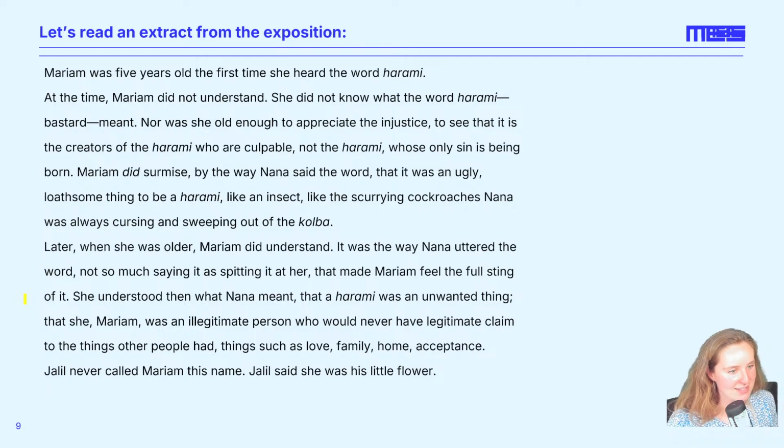It's quite an intense start off of a novel, I will say that, for sure. Juxtaposition of the little flower and the scurrying cockroaches, absolutely. Yes. Such visual imagery, as well as such a clear idea of the different relationships that Mariam has with her parents, Nana and Jalil.